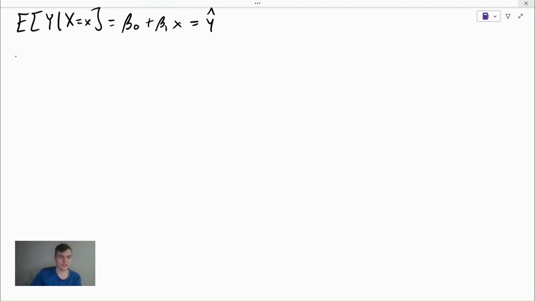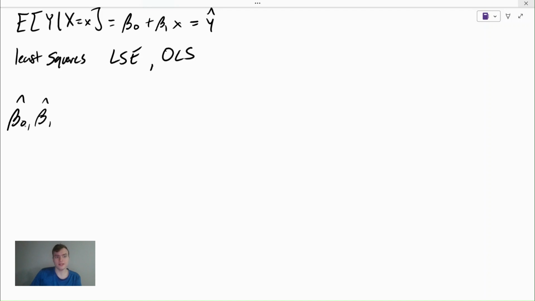And the specific method we're going to use is least squares. So it's often called LSE for least squares estimation, or OLS for ordinary least squares, right? And that's going to get us our estimates for beta 1 and beta 0.